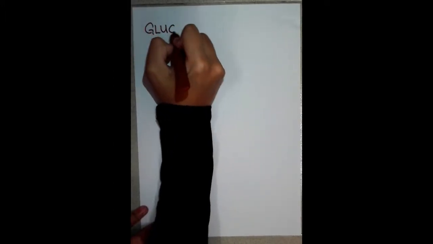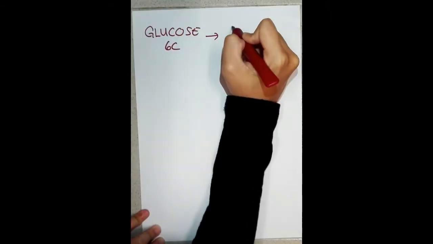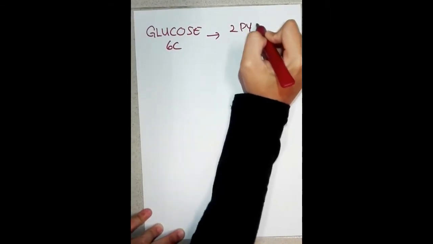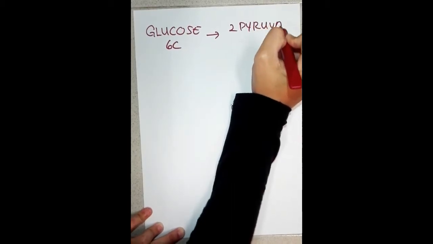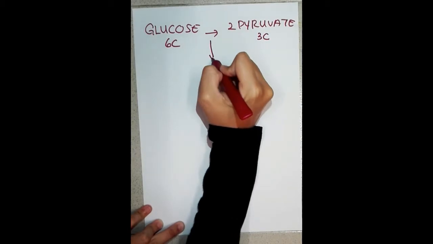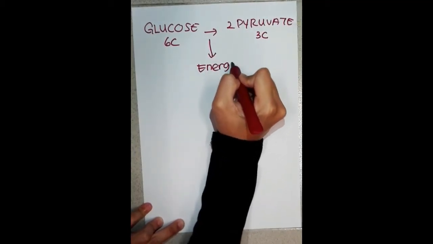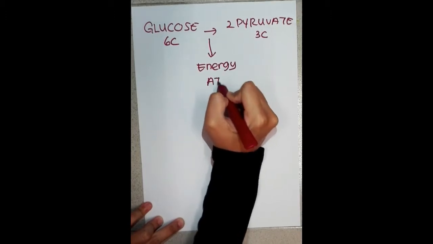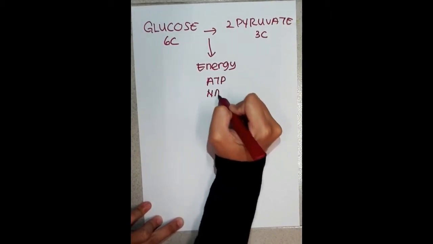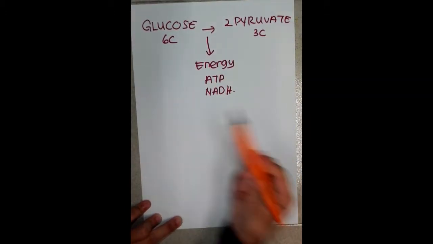In glycolysis, one molecule of glucose, which is a 6-carbon compound, is broken down into 2 molecules of pyruvate, which is a 3-carbon compound. In this conversion, energy is released in the form of ATP and NADH.